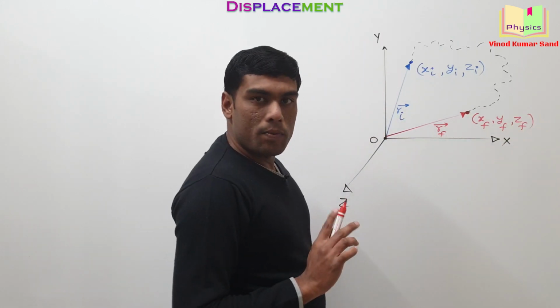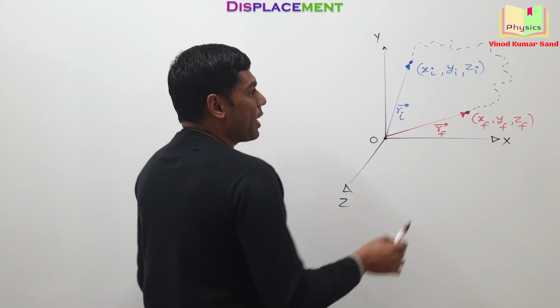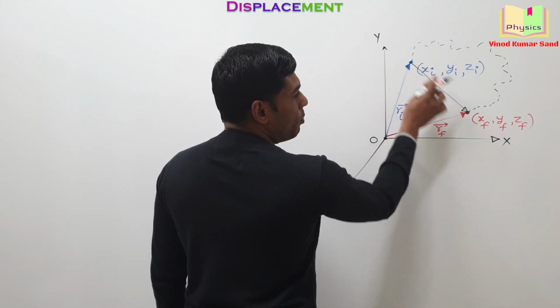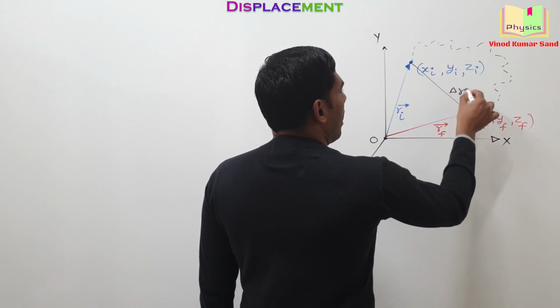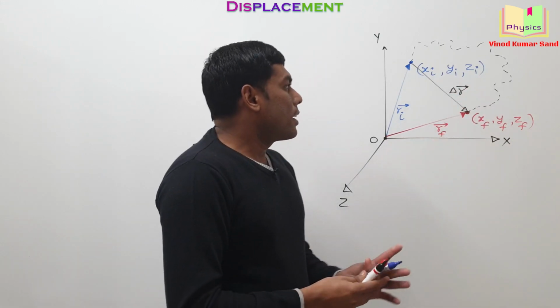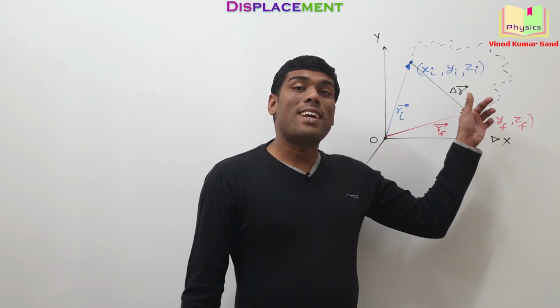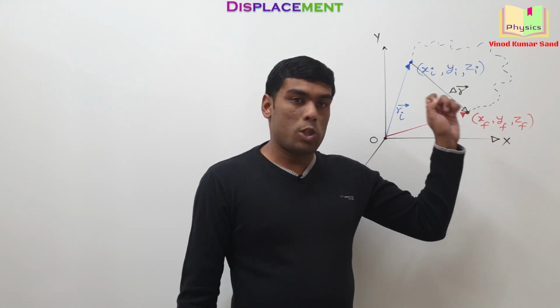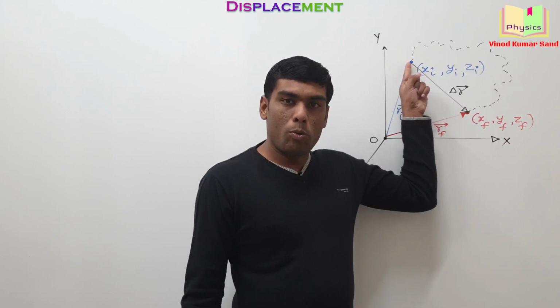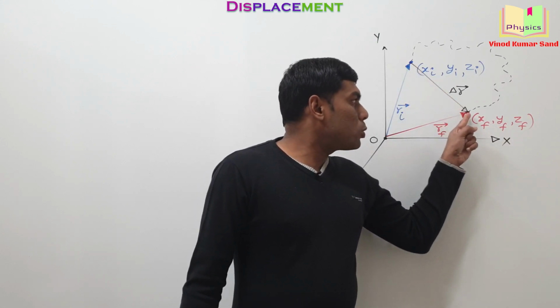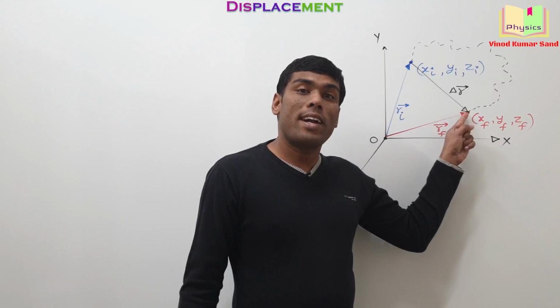Do you agree? I am drawing one more vector, from the blue point to the red point, and calling that vector as del r vector. Del r vector is basically indicating the change in position. The initial position of the particle was at the blue point and the final position of the particle is at the red point.